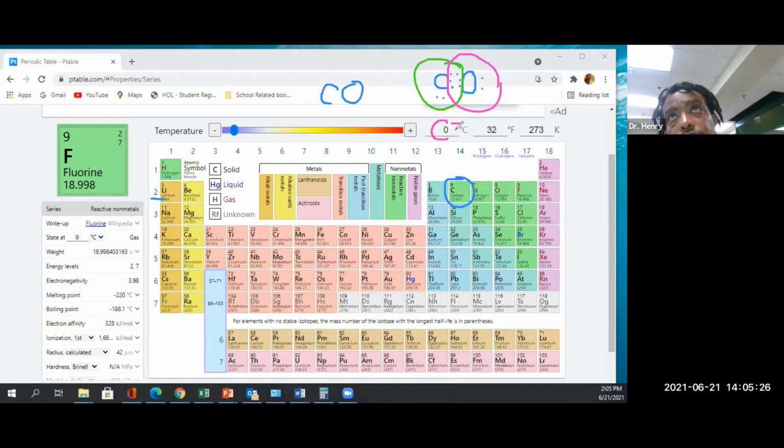Each line represents 2 electrons being shared. These here are called lone pair electrons. Those are ones that are not involved in bonding.